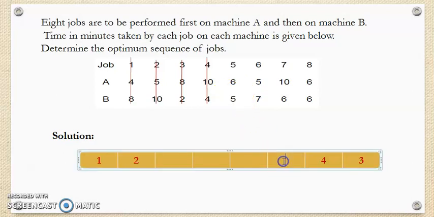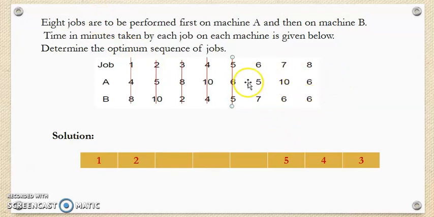So out of the remaining places, I will write here job number 5 and I will eliminate it from further considerations. So whenever there is a tie, we have to write it as late as possible.